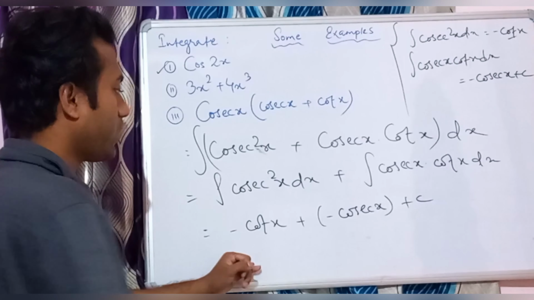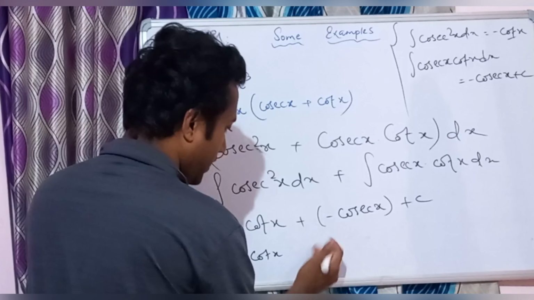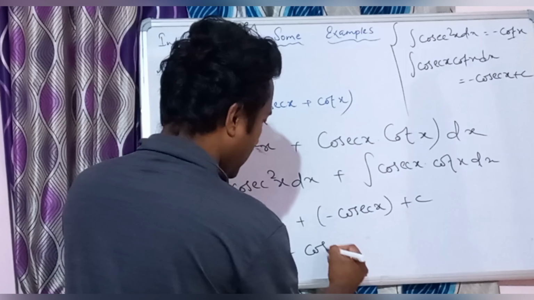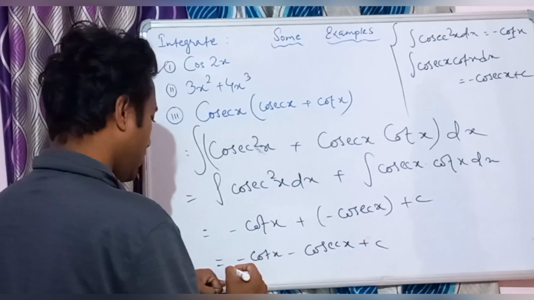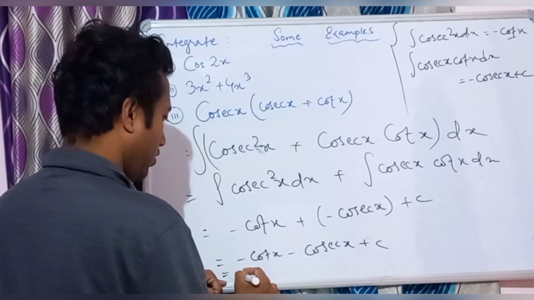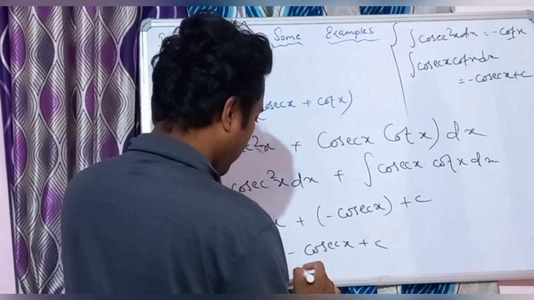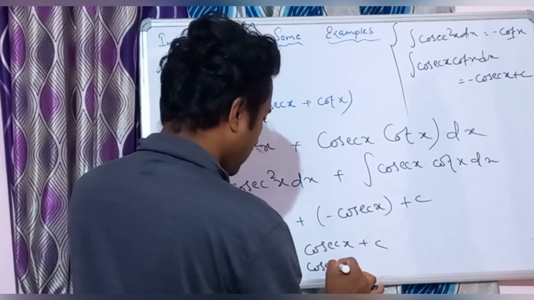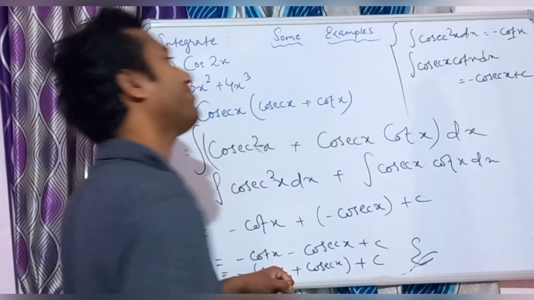After that, minus cot x and minus cosec x, so we have minus cot x minus cosec x plus c. We can take minus common, so we will have minus of cot x plus cosec x, and then plus c. This is our answer.